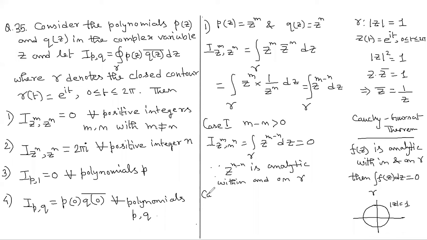Next, for case 2, that is if m minus n is strictly less than 0. For example, if we take m equal to 1 and n equal to 2, then z power m minus n becomes 1 by z. So if we integrate 1 by z dz, here we require the Cauchy integral theorem.